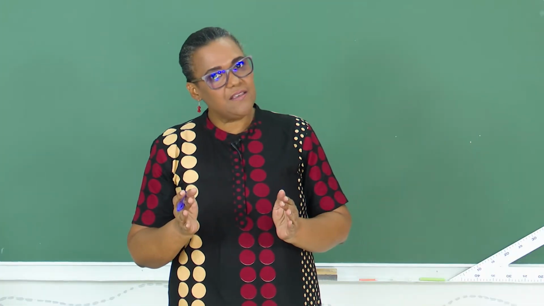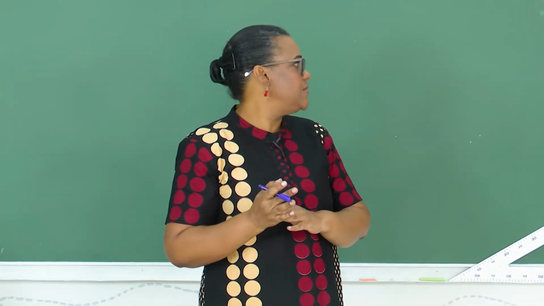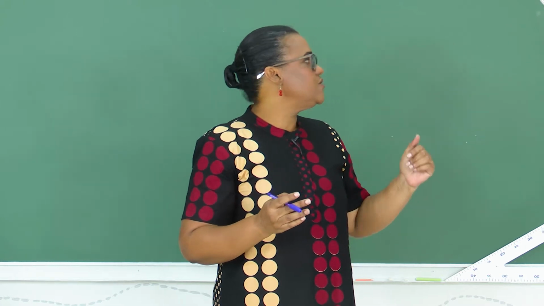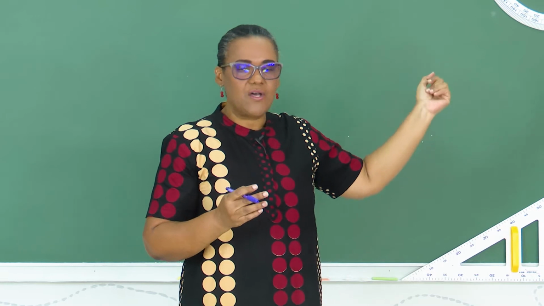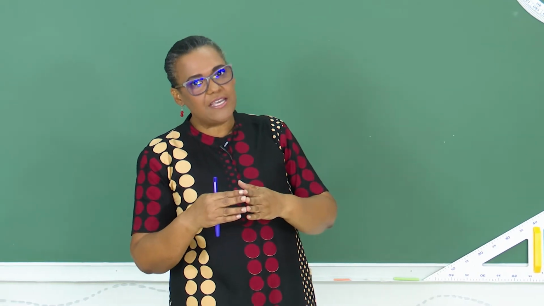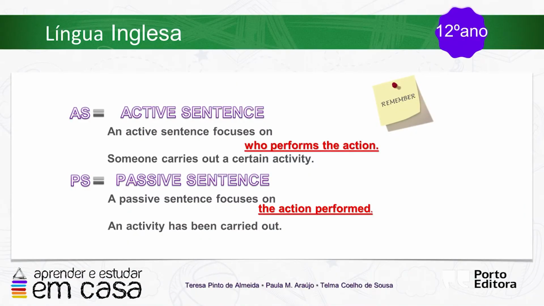For today, we're going to see a grammar topic. We're going to talk about passive voice. To talk about passive voice, we have to remember that we have sentences in active voice and sentences in passive voice.